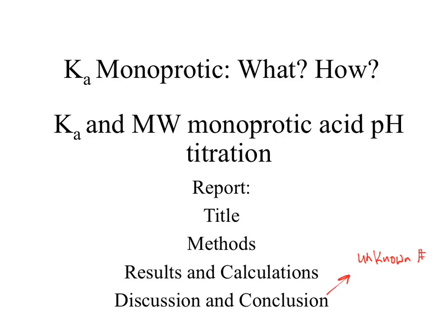And then I will tell you the Ka of your acid and the molecular weight. You can then compare your result to that. Okay? Kind of makes sense? Okay. So if your result's really close, what would your discussion be?